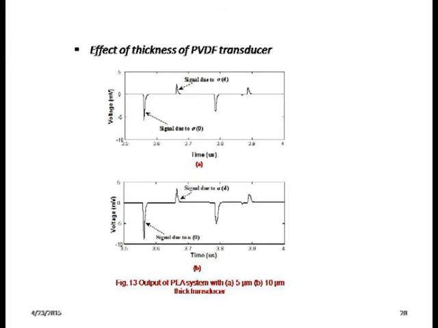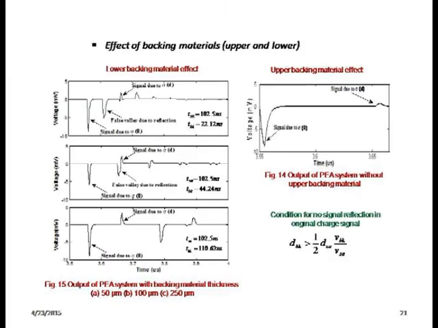This is the effect of the PVDF transducer we have found here, and similarly the effect of the backing material. If the backing material is not perfectly matching, just like impedance matching, I think you are aware of impedance matching. When a transmitted wave reaches its end point and finds the same impedance as the transmission line's surge impedance, there will be no reflection.